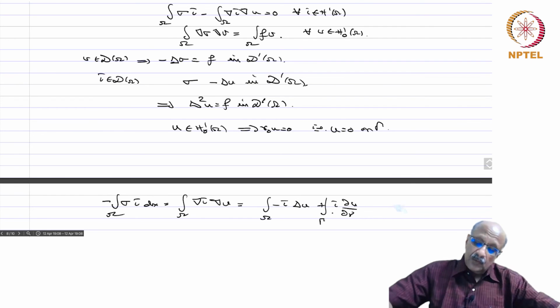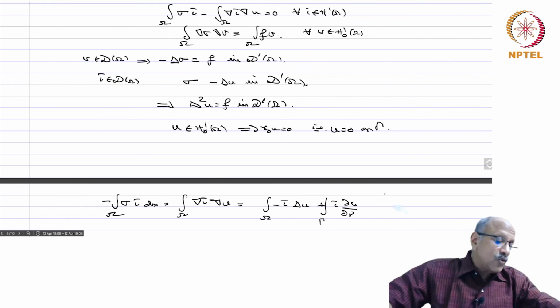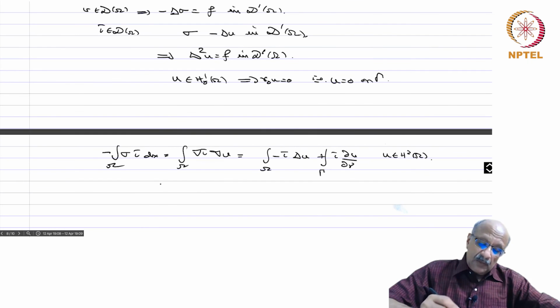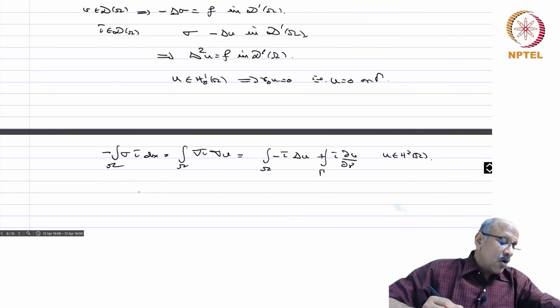So let us assume that u is in H2 of omega, which is reasonable to assume because sigma is minus Laplacian u, which is in L2, so you assume that u is in H2 of omega.